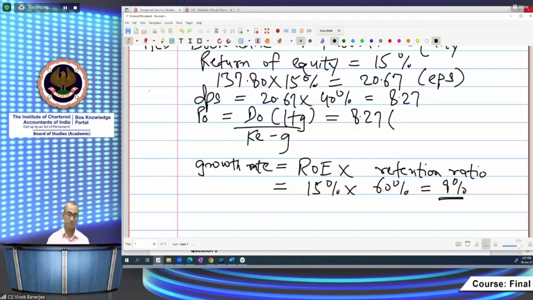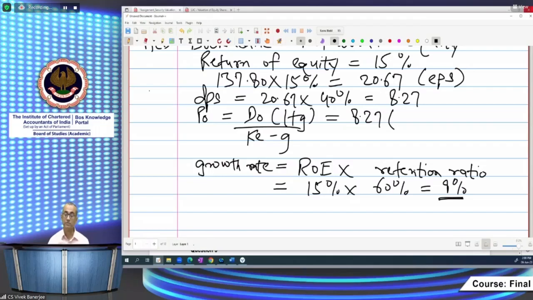So without even using the formula, you can very well understand this concept of growth rate. Whatever the company is retaining out of the profit, it is actually utilizing in some profitable growth opportunities. So whatever return the company is generating from those growth opportunities, from those projects, is actually the growth rate.